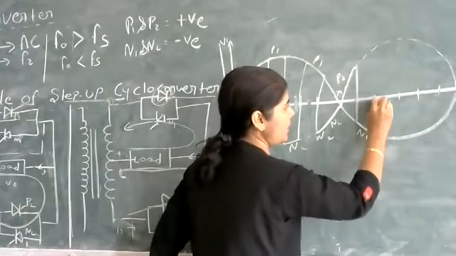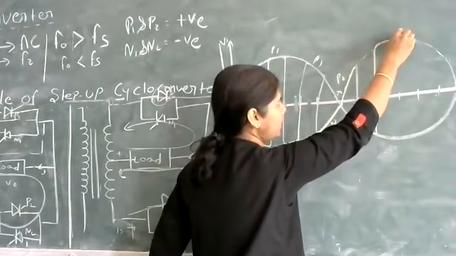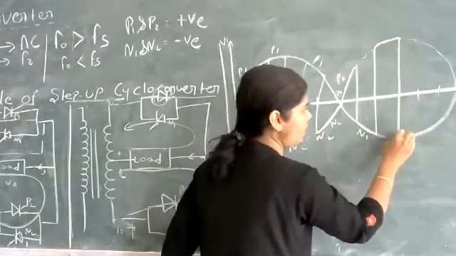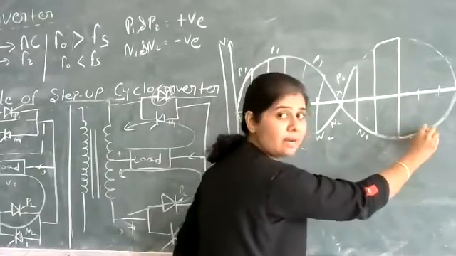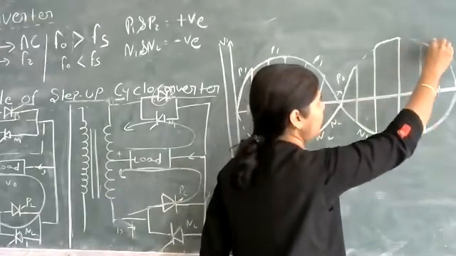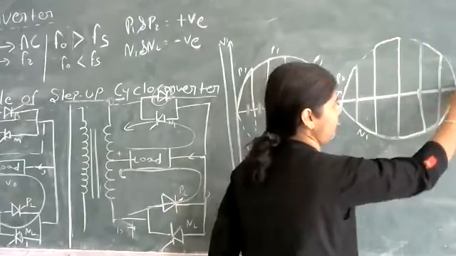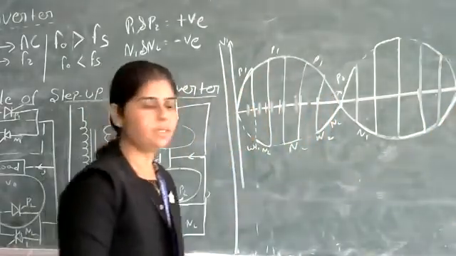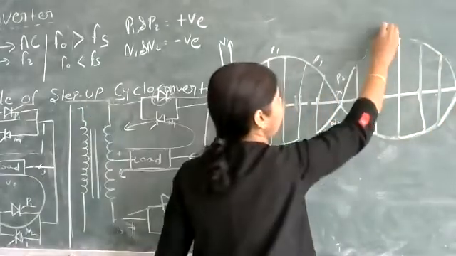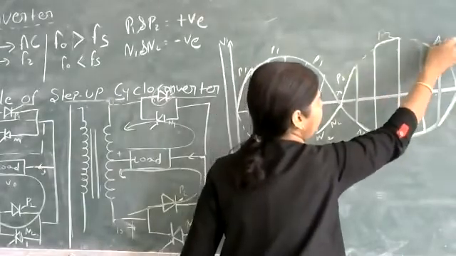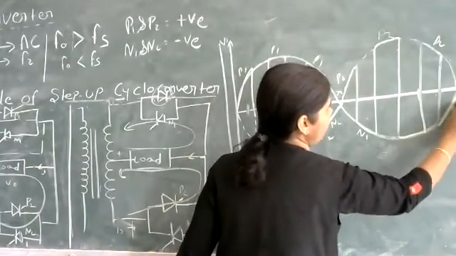Now N1 is triggered again with P2, and P2 again with N1, and this cycle is repeated. So we get this type of waveform: P2, then P2, then N1, and N1.